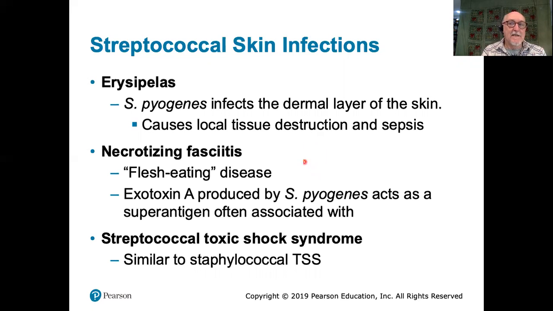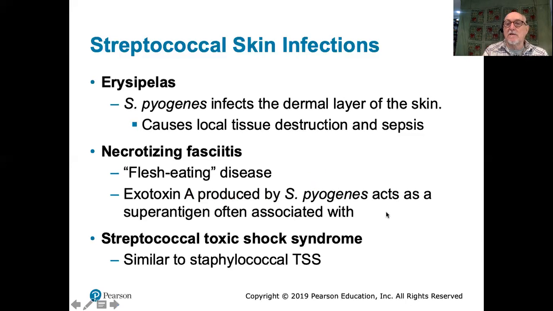Necrotizing fasciitis is the proper name for the flesh-eating bacterial syndrome. Streptococcus pyogenes is frequently involved, but you should be warned that very often flesh-eating disease is caused by a consortium of bacteria, not just by one.